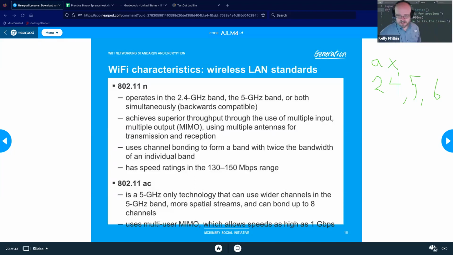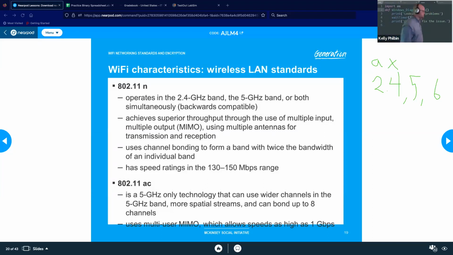And I'm trying to get a quick speed on it. I think it's 10 gigabits, but I got to make sure. Ten gigabits per second. There you go.